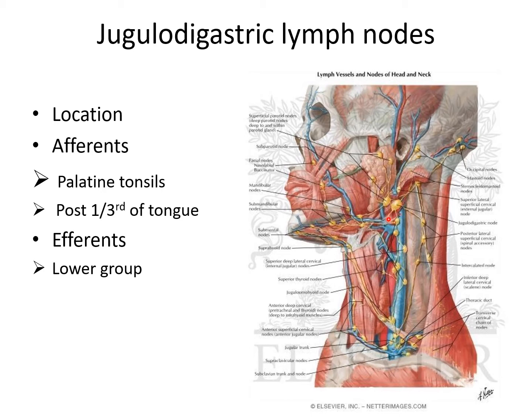And these lymph nodes receive afferents from the palatine tonsils and also from the posterior one third of the tongue, whereas they drain into the lower deep cervical group of lymph nodes, which we will be reading in the next slide. Now we can also say that the jugulo-digastric lymph nodes are actually the principal lymph nodes of the palatine tonsil.